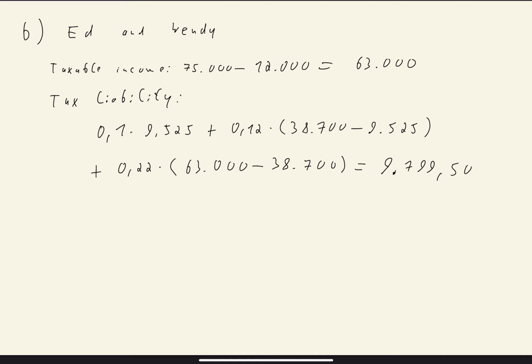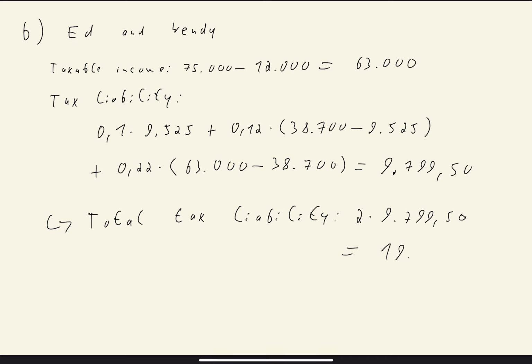And since we have two people earning this amount and having this tax liability, the total tax liability is 2 times 9,799.50, and this is equal to 19,599. Okay, this is the total tax liability for Ed and Wendy.